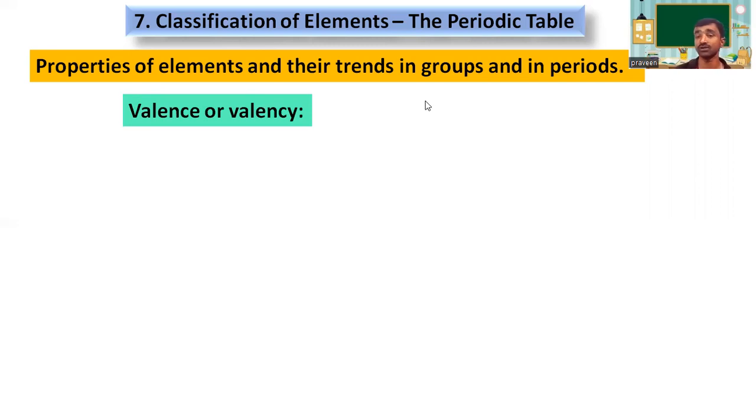Valence electrons are the number of electrons present in the valence shell, but valence is just combining capacity, right? It is the number of electrons lost or gained by the element to give an electronic configuration like noble gases. That is valence or valency.